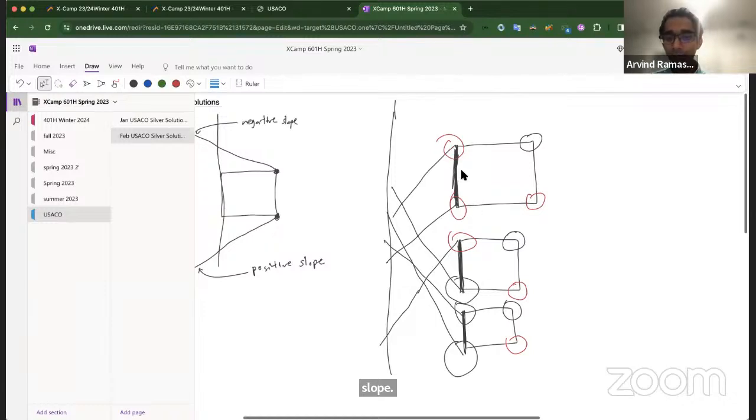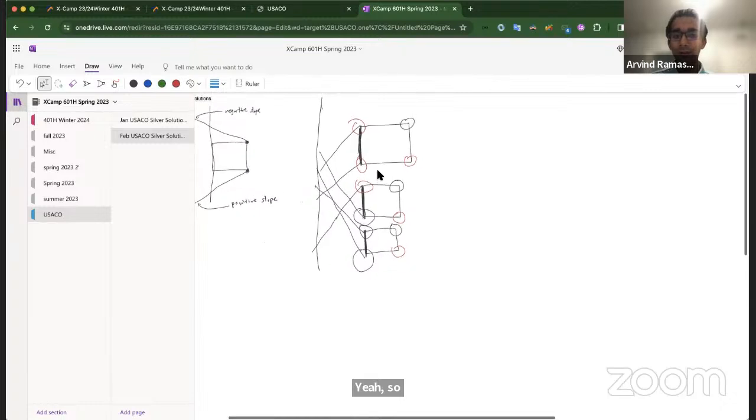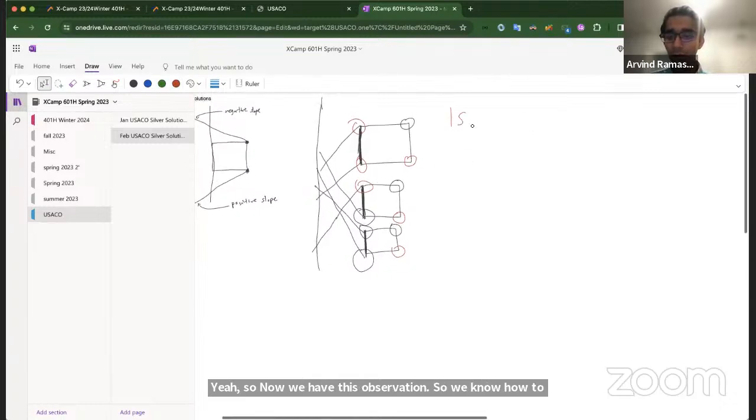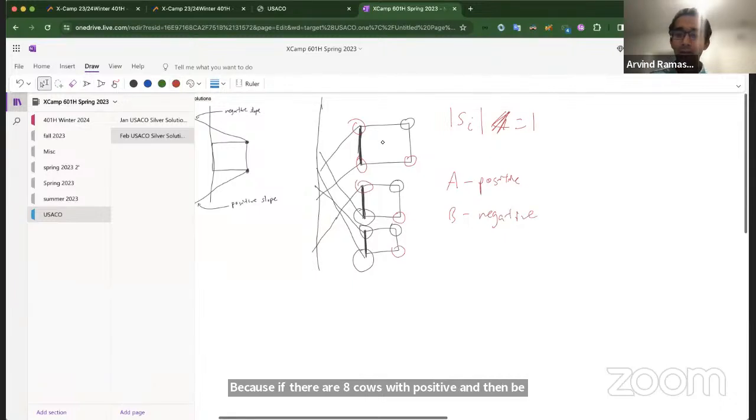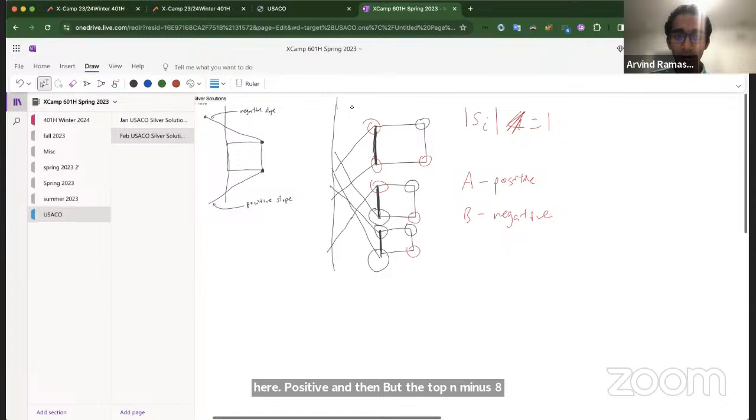Now we have this observation. We know how to solve the subtask where the absolute value of SI is equal to 1 for all I. If there are A cows with positive slope and B cows with negative slope, then n of them are assigned here as positive, and the top n minus A over here are also positive, and B of them are negative on the right, so the bottom n minus B of them are assigned negative.